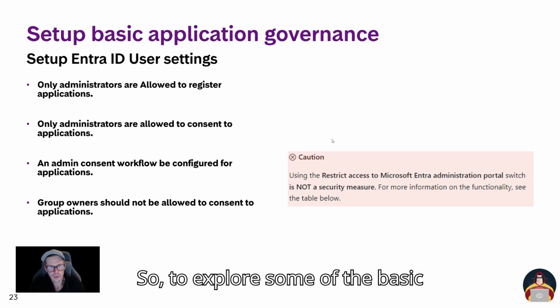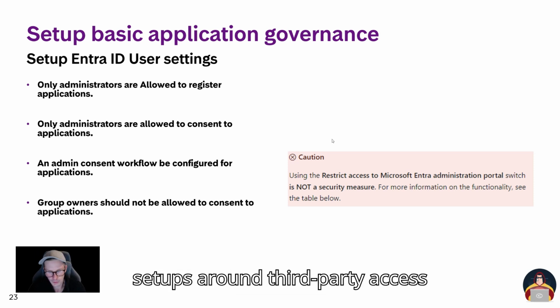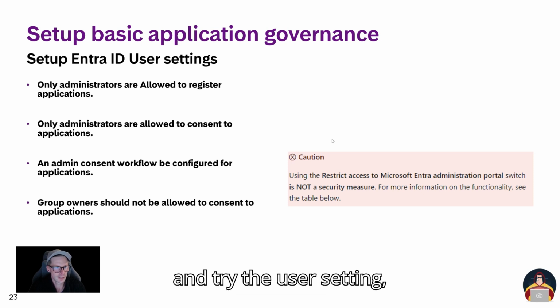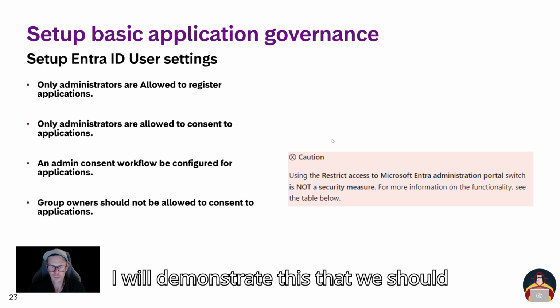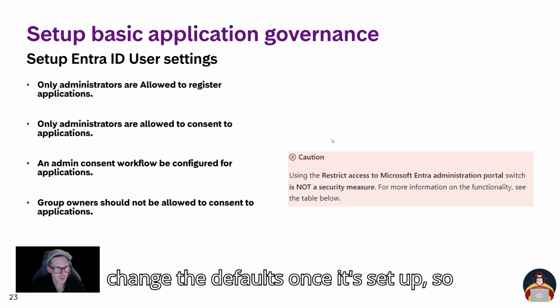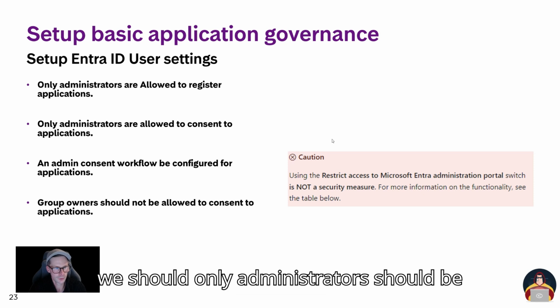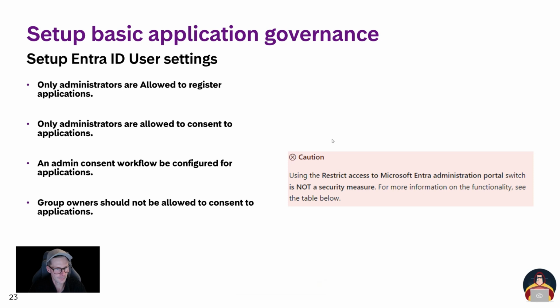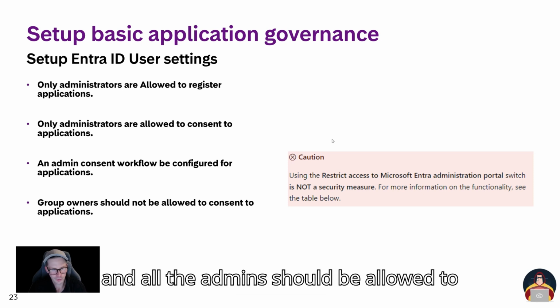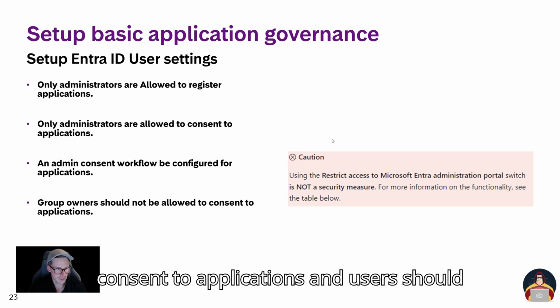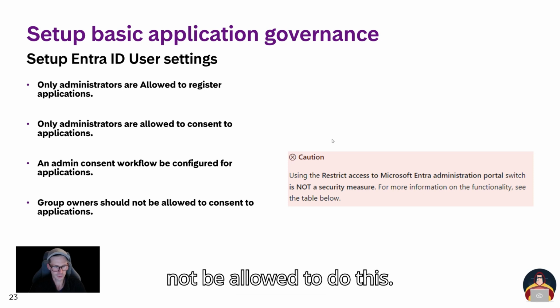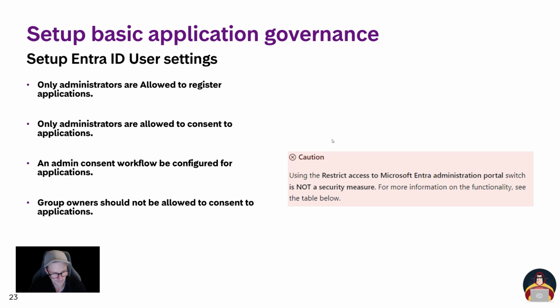To explore some of the basic setups around third-party access and Entra user settings, I will demonstrate this, that we should change the defaults. Only administrators should be allowed to register applications, and only admins should be allowed to consent to applications, and users should not be allowed to do this.